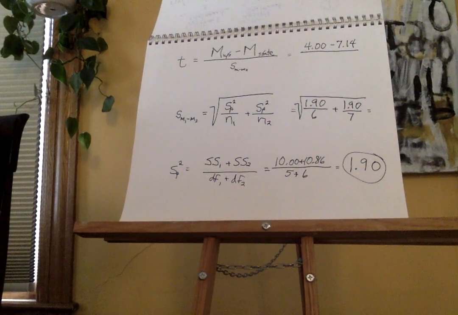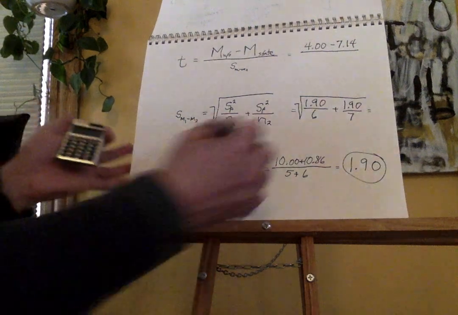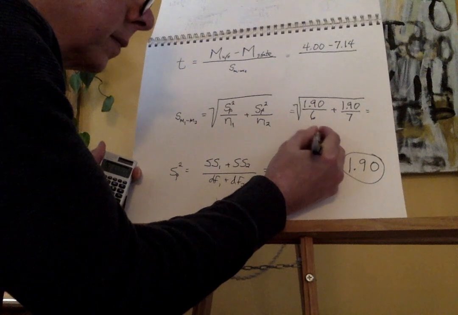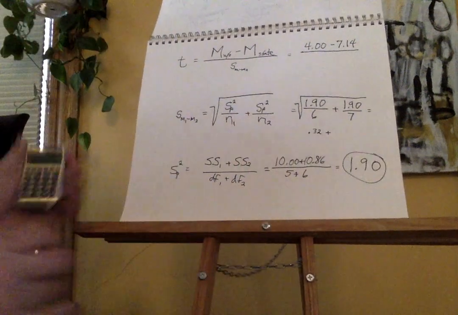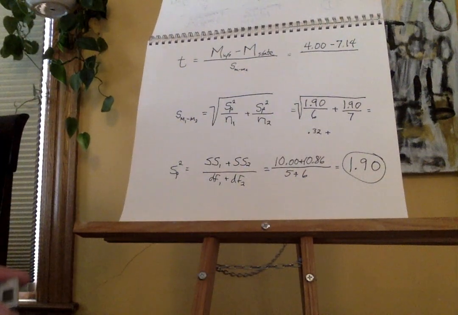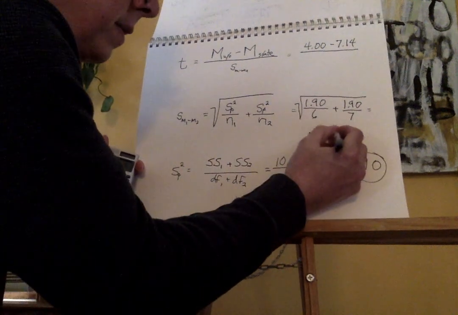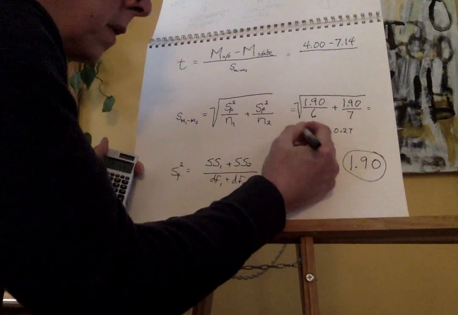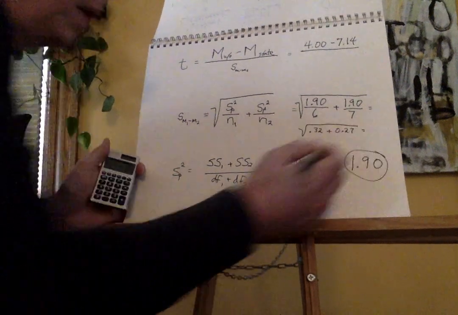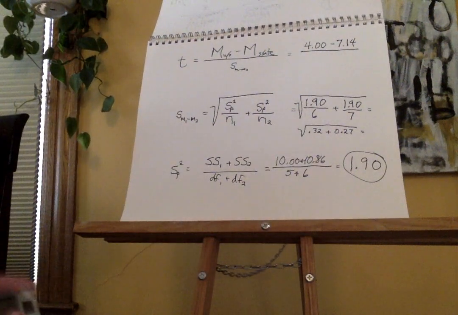Okay, 1.9 divided by 6 is 0.32. 1.9 divided by 7 is 0.27. I'm going to take the square root, okay? So I have what? 0.59.